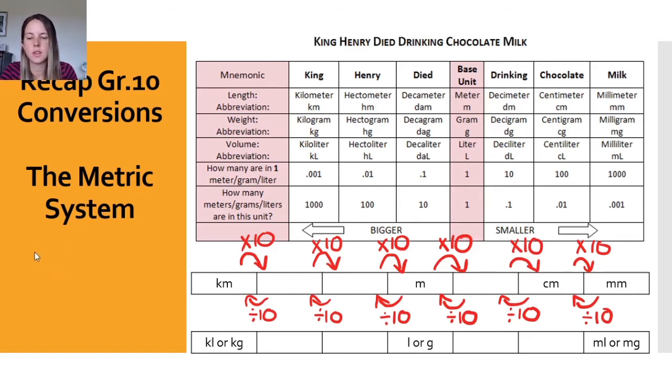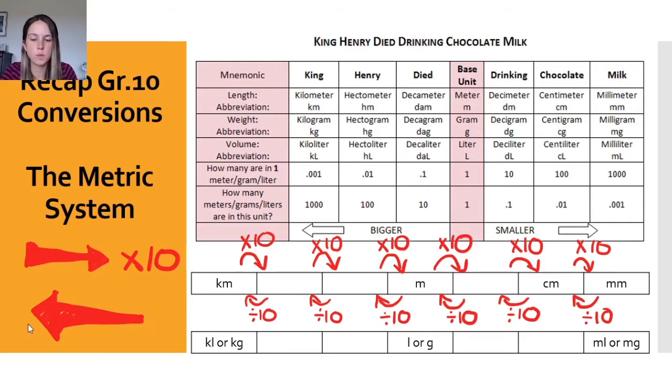From big to small, you multiply by 10 per jump. If you move from small to big, you divide by 10. I hope that makes sense.